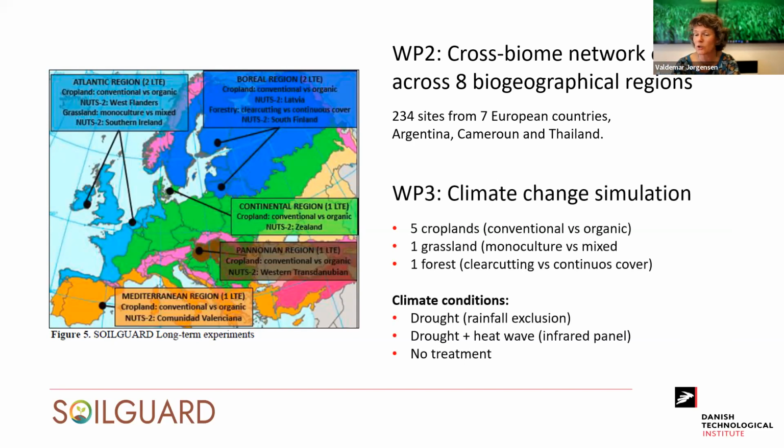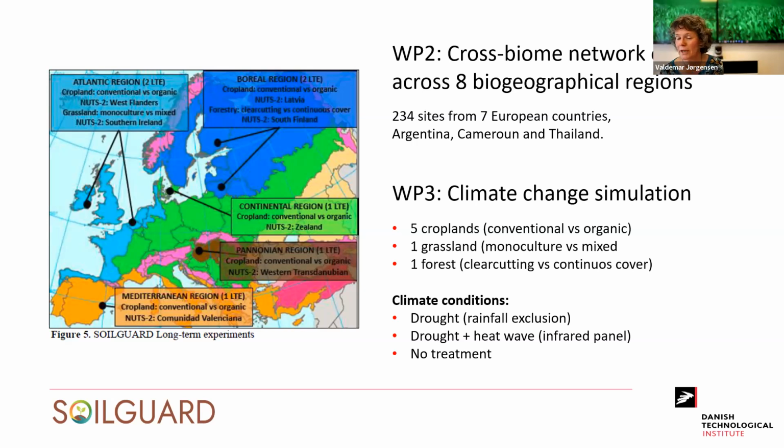So that's the cross-biome network of sites, which is one part. In work package 3, we are simulating climate changes. The cross-biome refers to the fact that we are working with croplands and with grasslands in Ireland and with a forest in Finland. And on the map, you can see the European countries involved in this.